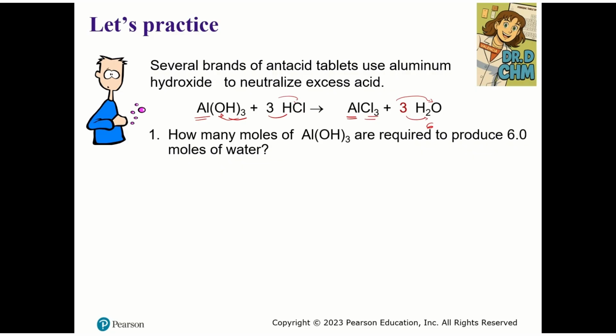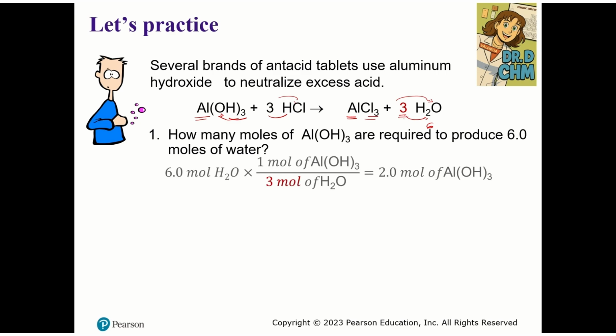So I know that 1 mole of aluminum hydroxide will be required to produce only 3 moles of water. If I have 6, I'm going to use my mole ratio as my conversion factor over here. I can cancel out the units moles of water, and I have moles of aluminum hydroxide. So I need 2 moles of aluminum hydroxide to produce 6 moles of water.